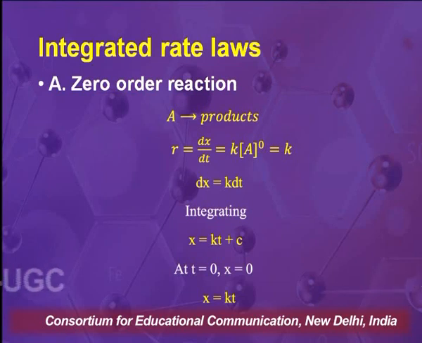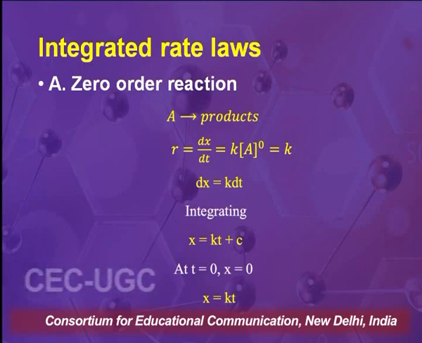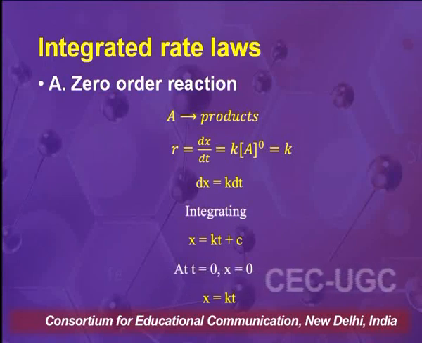For a zero order reaction, A gives products, and since it is zero order with respect to A, rate is equal to dx by dt is equal to k into concentration of A to the power 0 is equal to k. So, dx by dt becomes equal to k, dx becomes equal to k into dt.